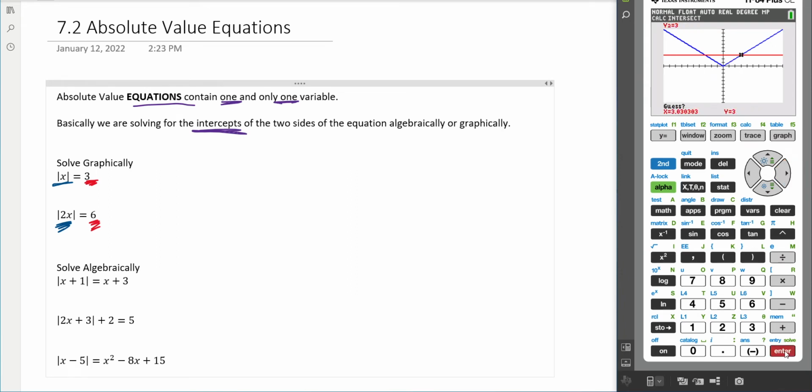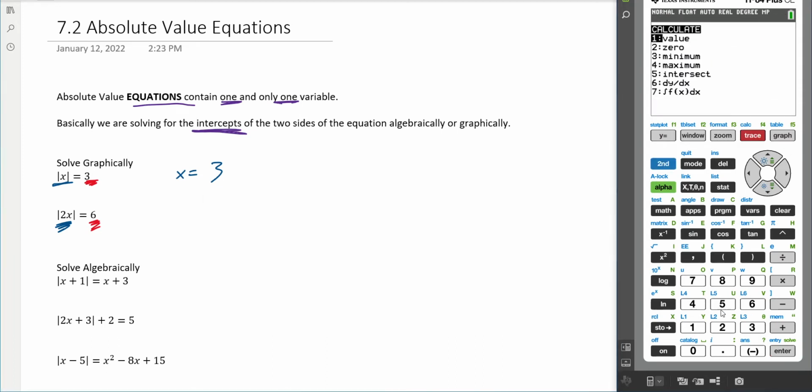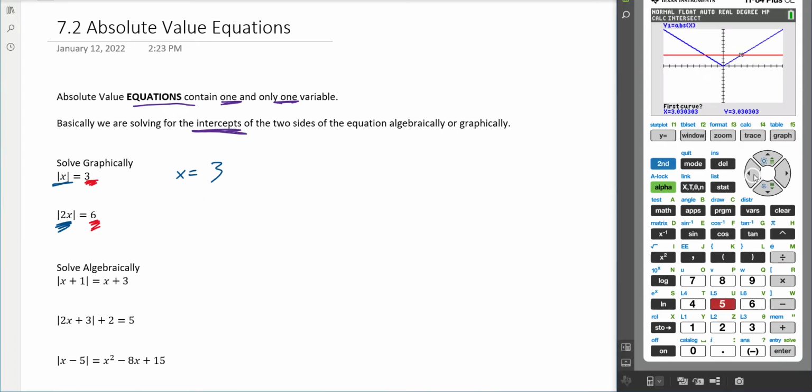We click enter, enter. That's first curve, second curve, and then we guess that point, and it tells us that the intersection is x equals 3. We can also try that again. Second function, calc, intersect, and then move over.